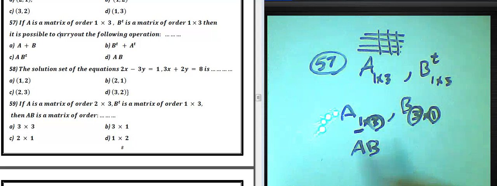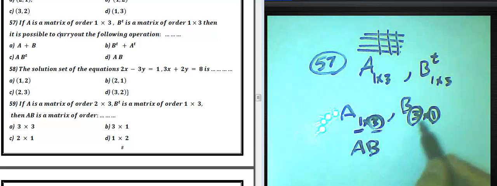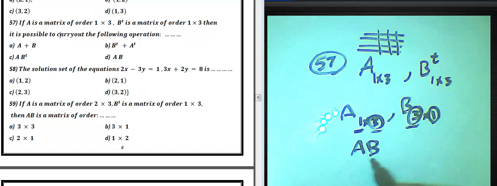So we can multiply them, because the number of columns in matrix A equals the number of rows in matrix B. It's a condition. You know this condition for multiplication: the number of columns of matrix A equals the number of rows of matrix B. Then you can find the multiplication.